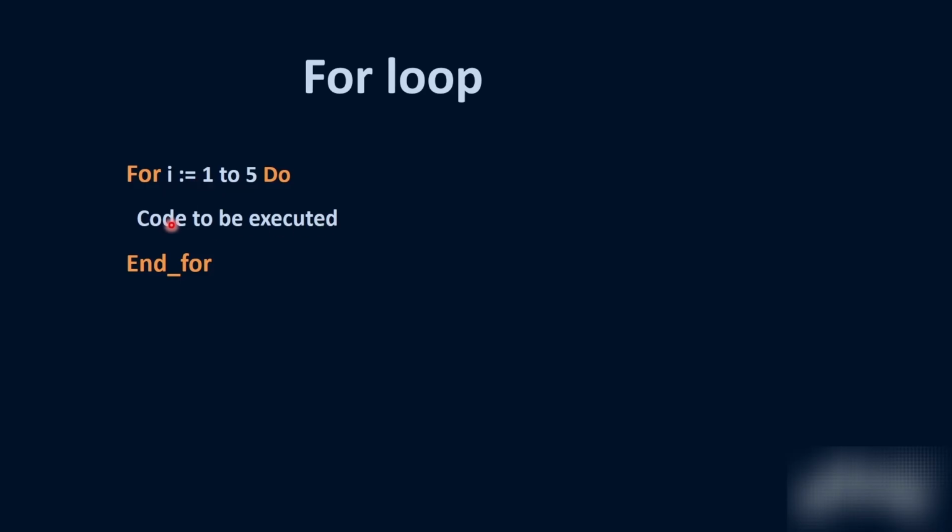So when the scheduler reaches this point, the variable I is first set to 1. The code is executed for the first time. Then it comes again, sets the variable to 2, and executes the code for the second time, now with 2. And so on until the value of I is 5 and the code is executed with the value of 5. Once this code is executed 5 times, the scheduler jumps and leaves the for loop.